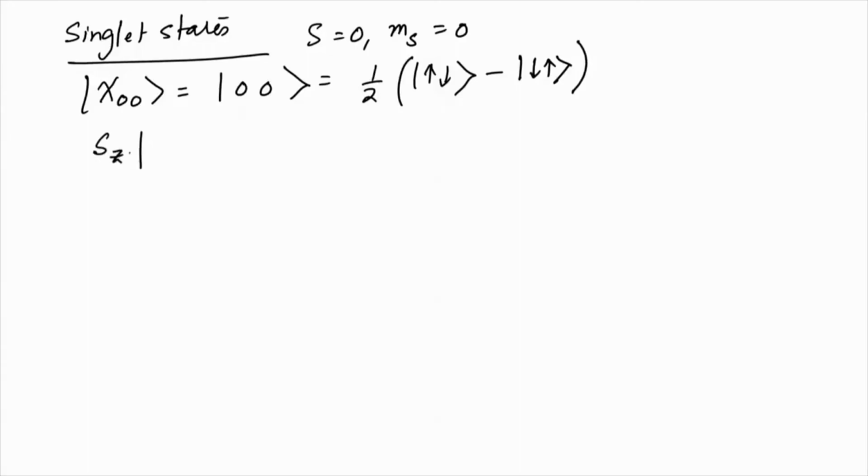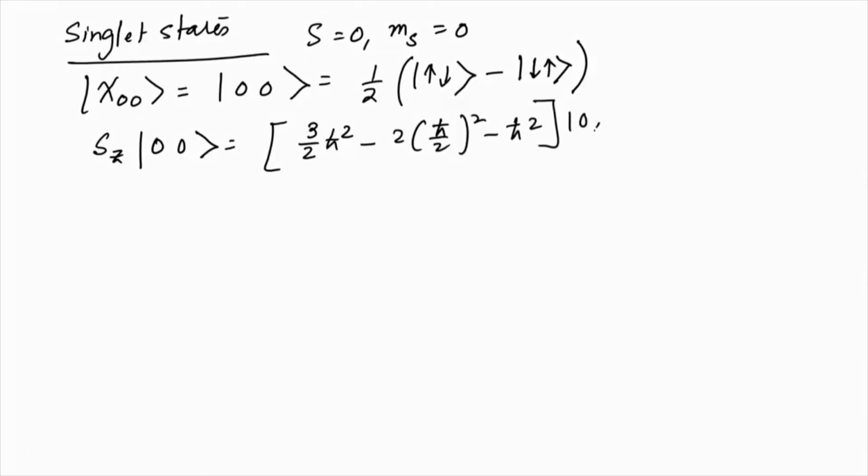S z acting on this 0 0 will give me a 3 by 2. So, it is S 1 z plus S 2 z which will act on this. It will be a 3 by 2 h cross square minus 2 into h cross by 2 square minus h cross square acting on 0 0, and it will give me 0 0 0. So, which means that m s value of this is equal to 0 and this has s equal to 0. So, we have found out all the 4 eigenstates of this two particle problem.